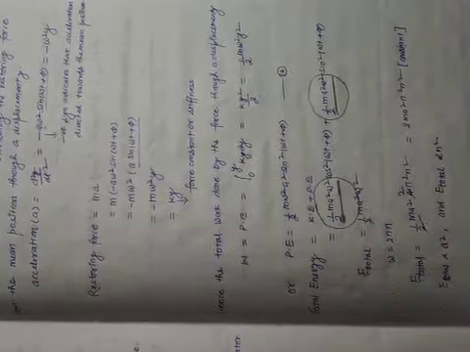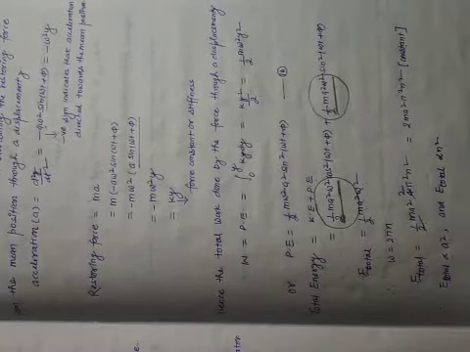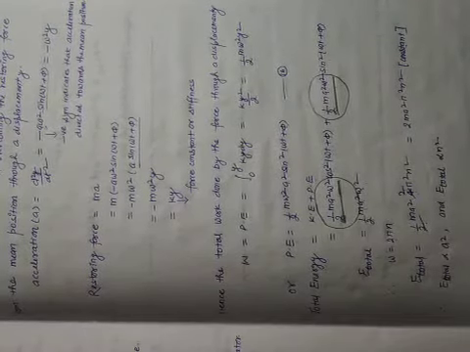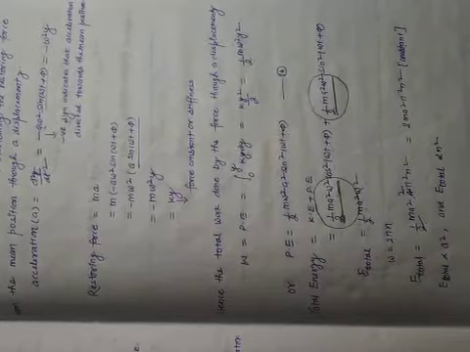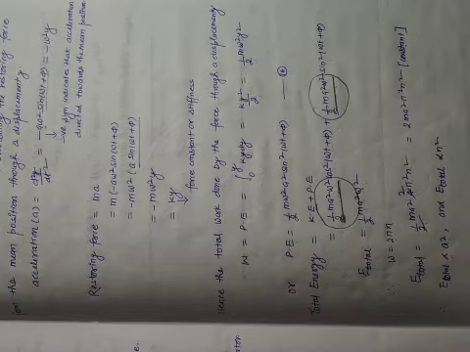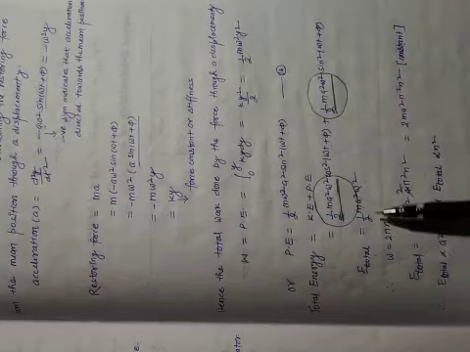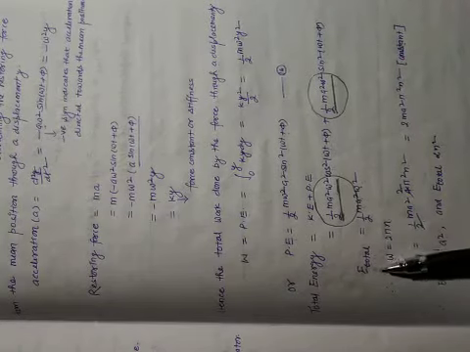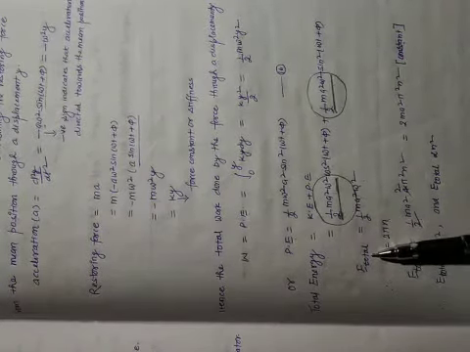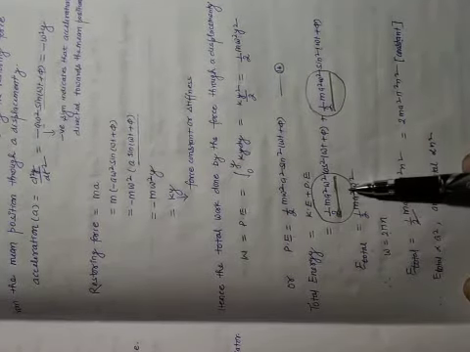Today we will continue our discussion over the energy of harmonic oscillator. In our previous lecture we were discussing the kinetic energy, potential energy, and total energy of a harmonic oscillator, and the total energy comes out as E total equals half m a square omega square, which is a constant quantity.